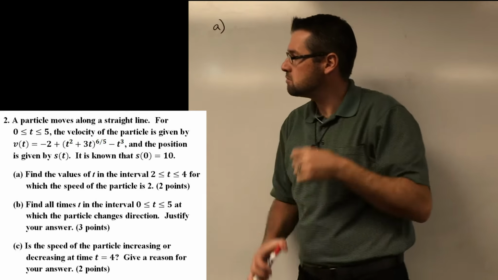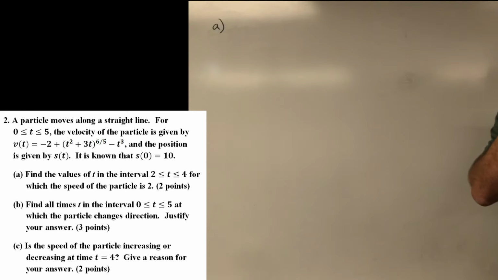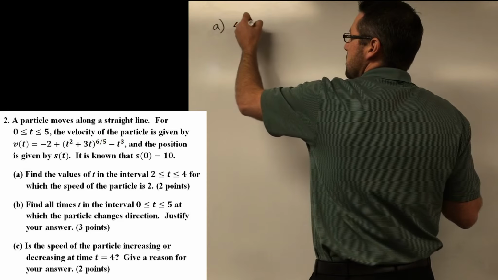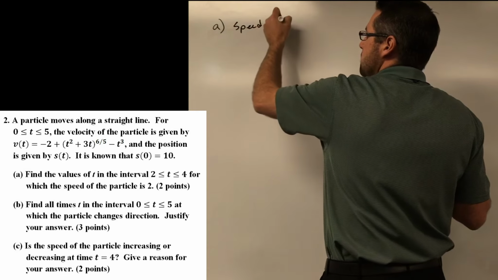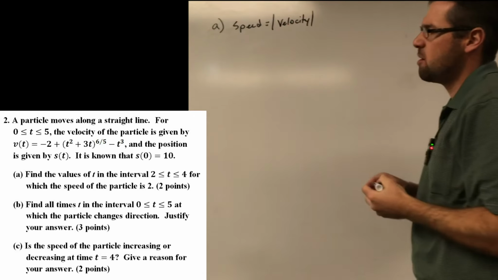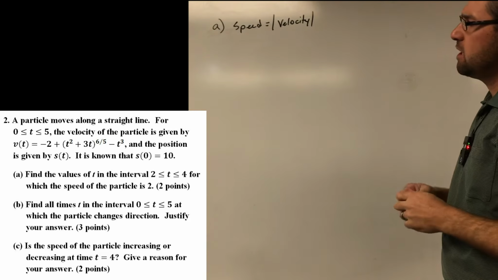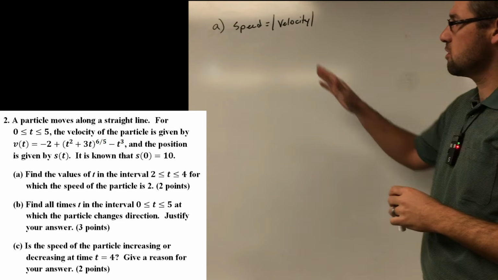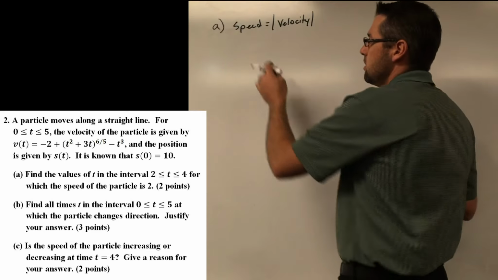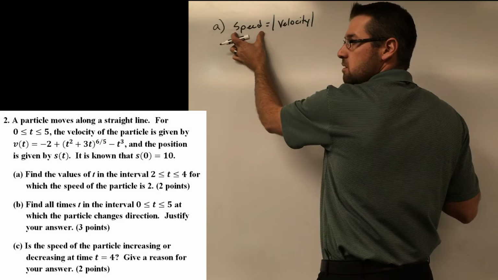Speed is what? Absolute value, right. So maybe I should write that down. Speed equals the absolute value of velocity. Now, there's a couple ways to go about it. The easiest way is to observe what's happening here. If speed is the absolute value of velocity, what's speed supposed to be?